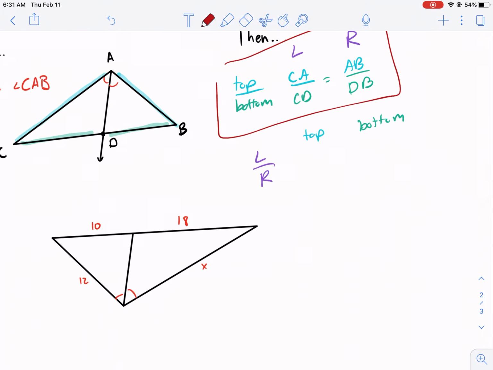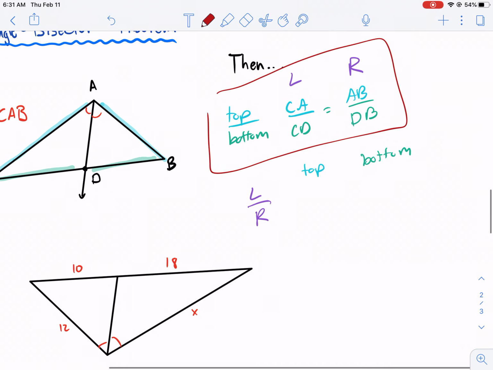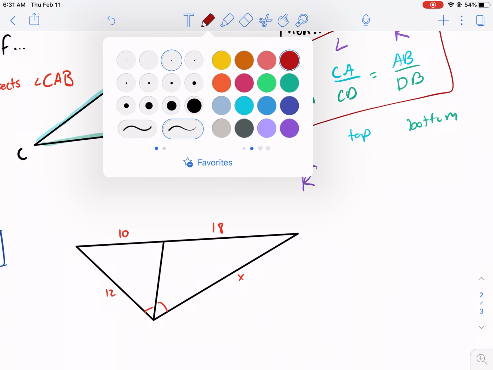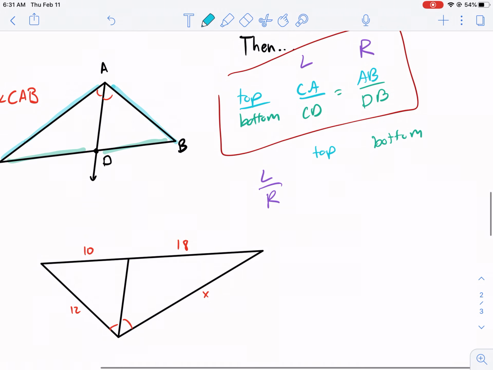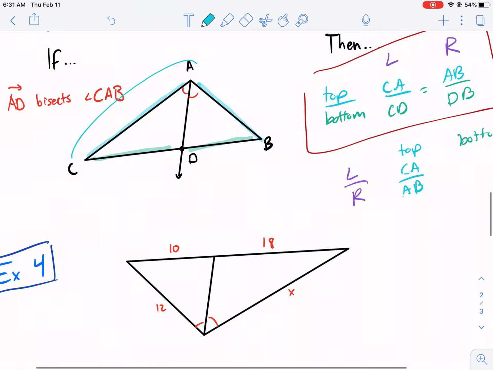If this is too much information, you don't want to understand that, that's fine. Just stick with this and skip what I'm about to talk about. But technically, we could do this. So we could put the left to the right. The left part of this is CA. The right part is AB. So I'm comparing the left to the right.